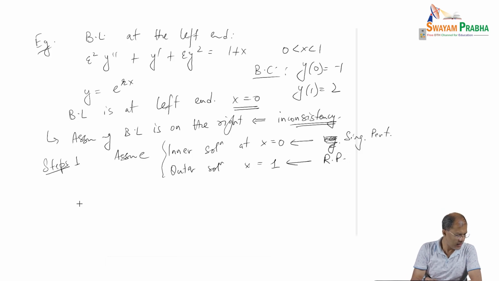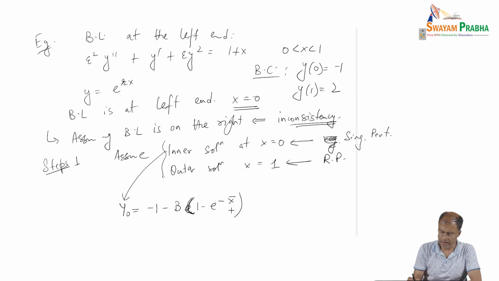Let me just not repeat the steps here, but let me write down the answers. For the inner solution, up to the highest order term, y naught comes out to be minus 1 minus b e to the power b times 1 minus e to the power minus x bar, and the outer solution comes out to be y naught which is x plus x square by 2 plus a.